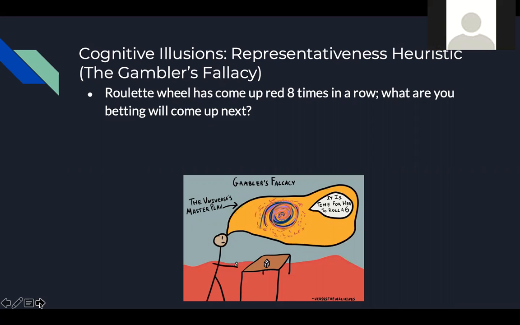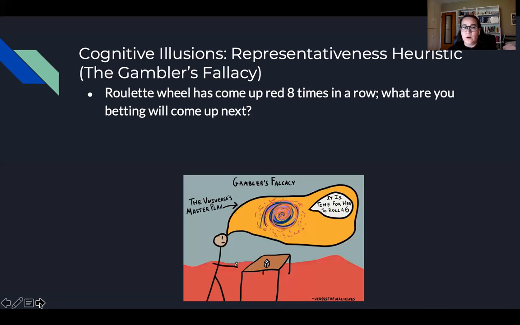So let's say that you've been playing roulette and the wheel has come up red 8 times in a row. Assuming that you're still willing to believe that the wheel is equally likely to come up black as it is red, right? Assuming that, hey, this isn't a rigged roulette wheel, where would you place a bet for the next spin?